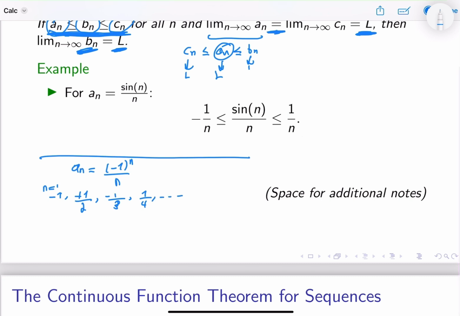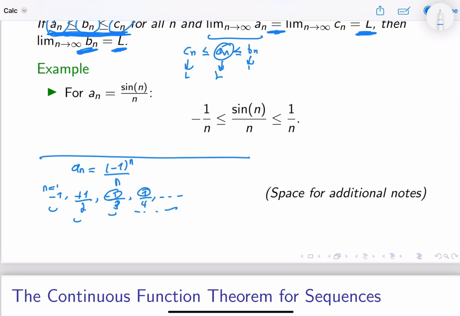So if you look at this sequence, what's happening is that it's alternating, right? It's sometimes positive and sometimes negative. So it's not clear immediately what this sequence is going to, right? It's alternating between positive and negative numbers.